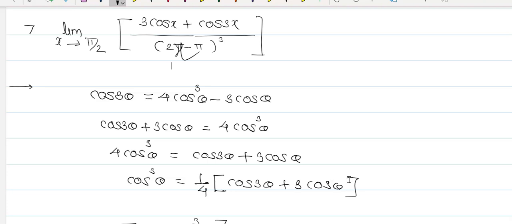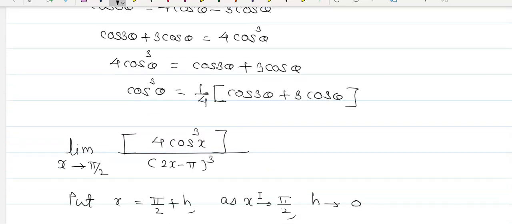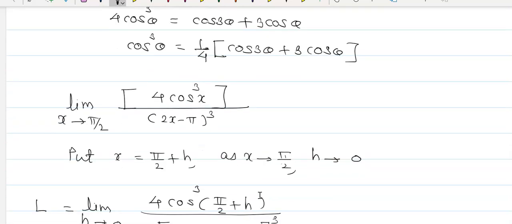This is the value. And therefore, that is nothing but 4 cos cube x upon (2x minus pi) bracket raised to 3. Now here is an important substitution. Put x is equal to pi by 2 plus h. As x tends to pi by 2, h tends to 0. Therefore, replace x by pi by 2 plus h.